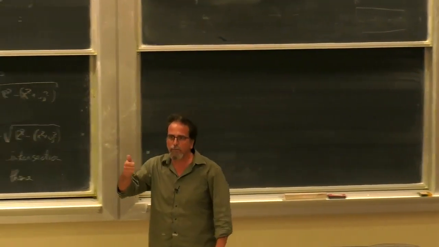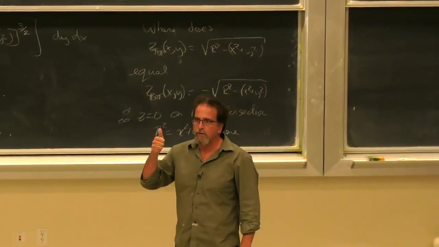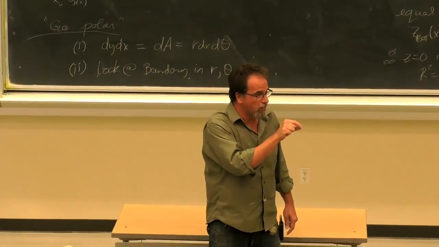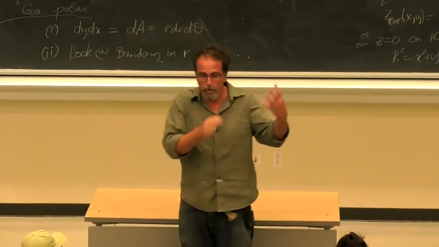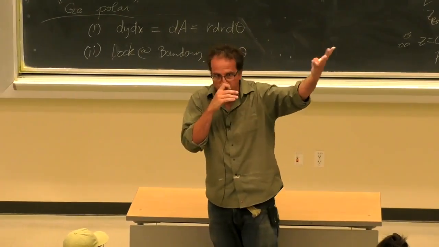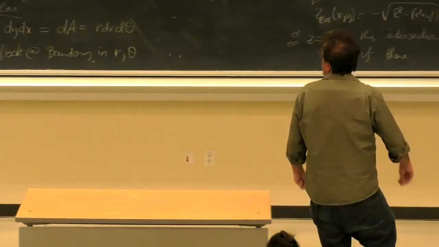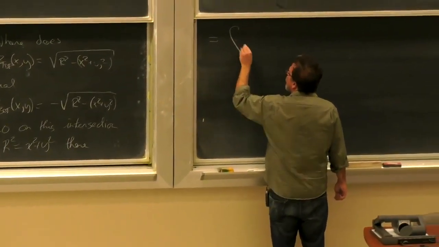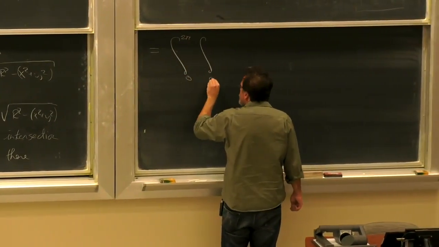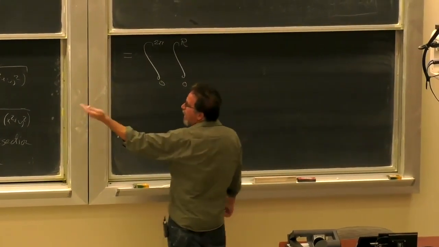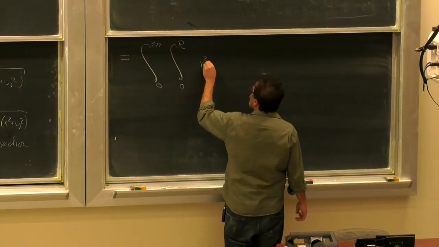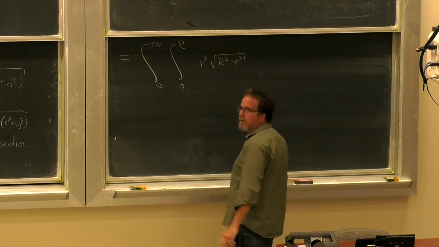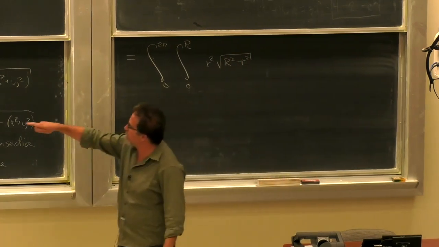Wherever I see x squared plus y squared, what do I replace it with? R squared, little r. Little r is the variable. Capital R is some number that I'm not telling you what it is. So this becomes the integral from 0 to 2 pi, the integral from 0 to capital R, of x squared plus y squared, which is little r squared, times the square root of big R squared minus little r squared. That's that first term over there.